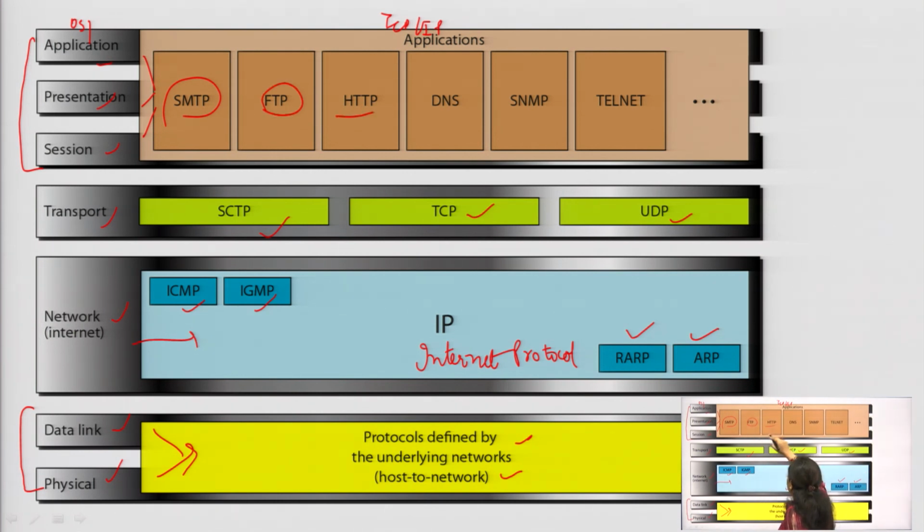Then HTTP is there, this is domain network service, this is SNMP, this is telnet, tele network. So, these are the different applications, and you can see that there are n number of applications associated with the application layer. The work of these 3 layers, session, presentation and application, will be mapped to a single application layer of the TCP/IP.